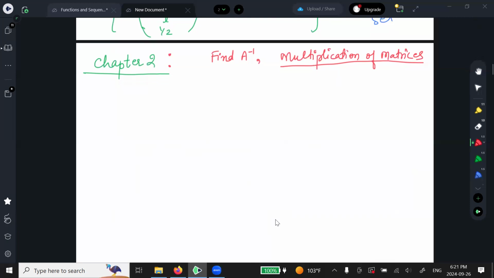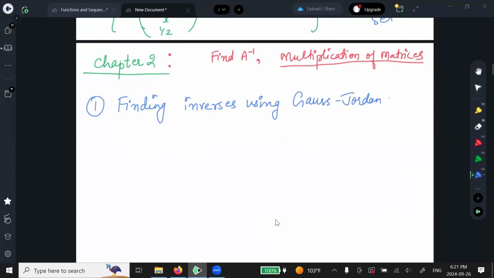Now, what is the one thing that I want you to know about chapter 2? Well, first, finding inverses using Gauss-Jordan elimination, right?